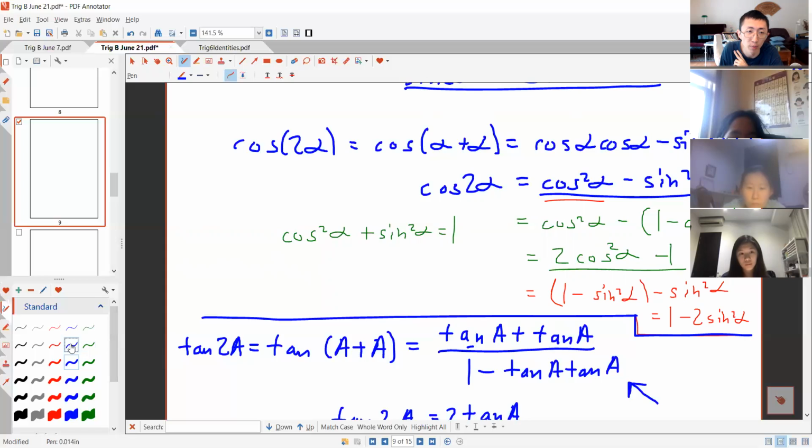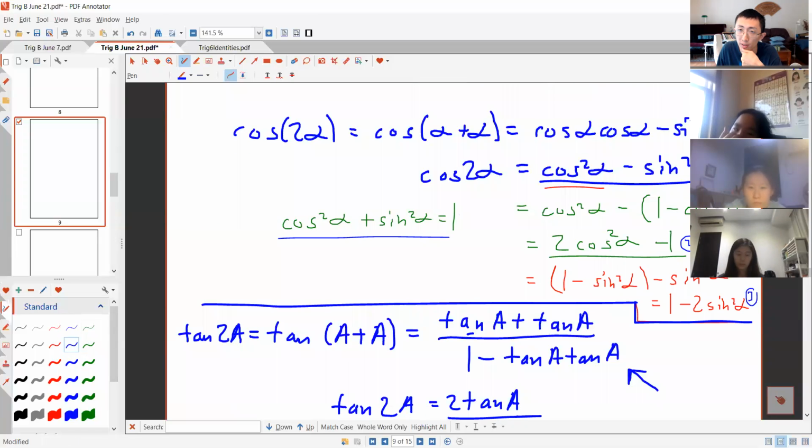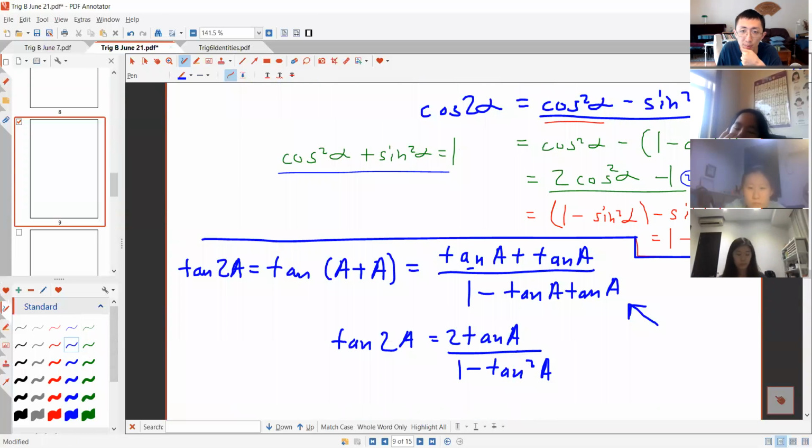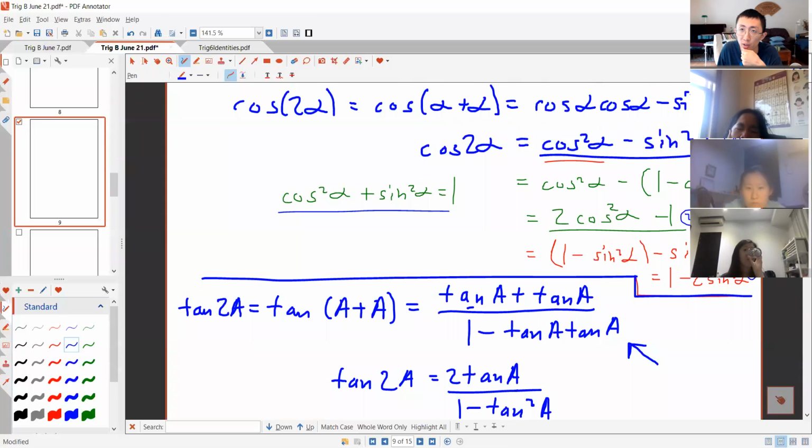I have a bad memory, so it's more important to be able to rederive them. If you know this, and you know this relationship, you can easily find the other 2 forms. So I wouldn't worry too much about memorizing all 3 at the start. You can rederive all 3 of them.